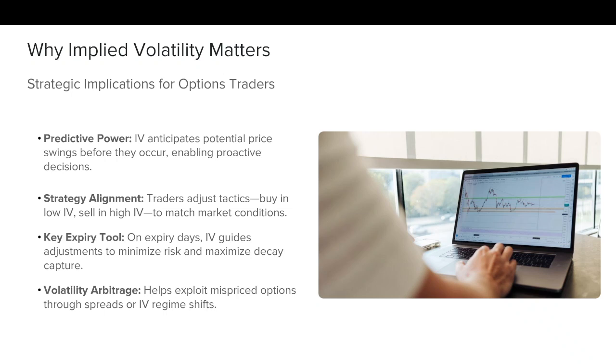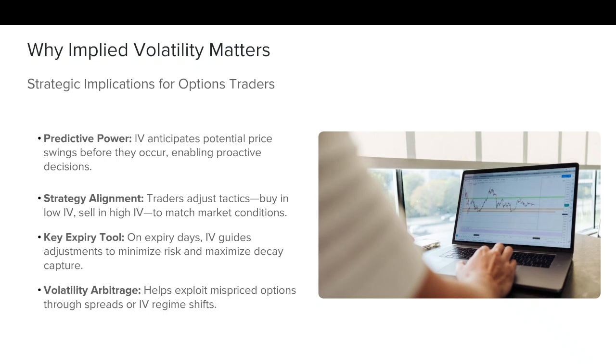In practice, IV directly informs what strategy you should use. When IV is low, options are cheaper. Buying strategies like long calls, puts or straddles become more attractive. This is simple. When IV is high, selling straddles, iron condors, covered calls or naked puts are more favorable due to elevated premiums.